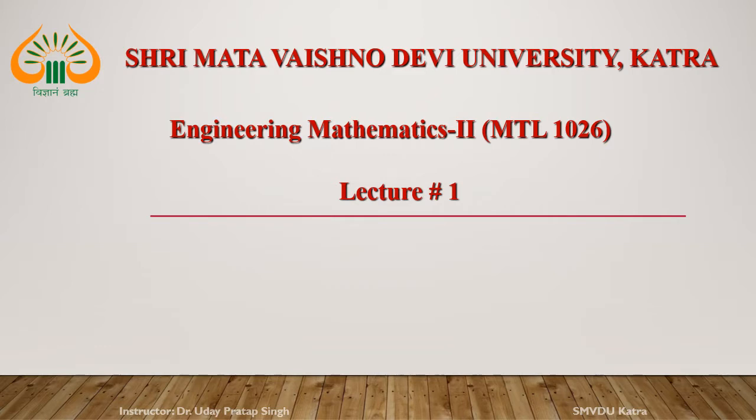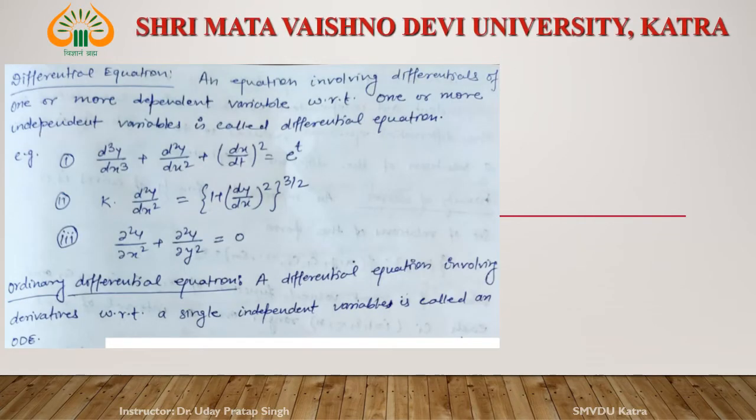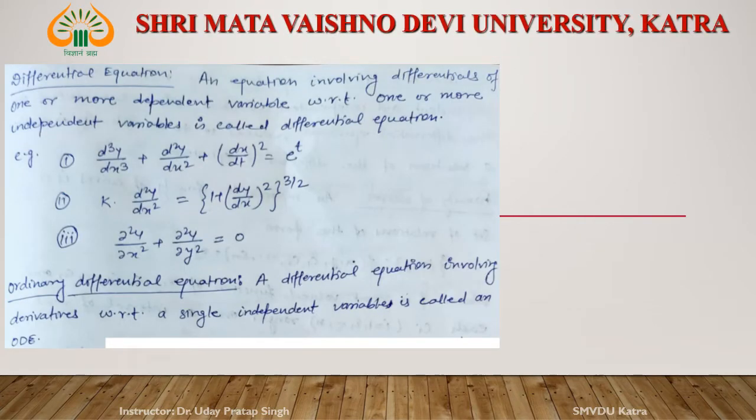So let us start with what a differential equation is. A differential equation is an equation which involves derivatives of a dependent variable with respect to one or more independent variables.